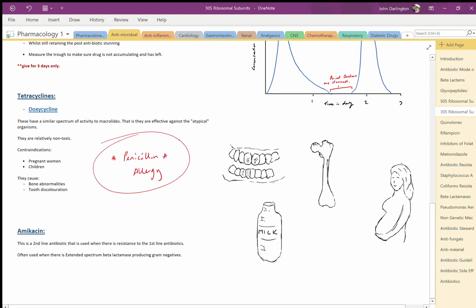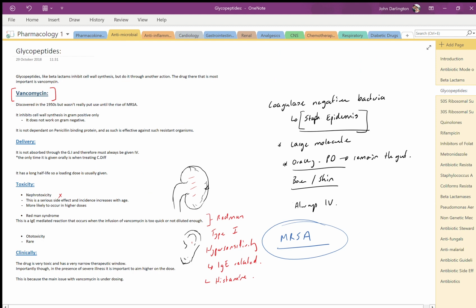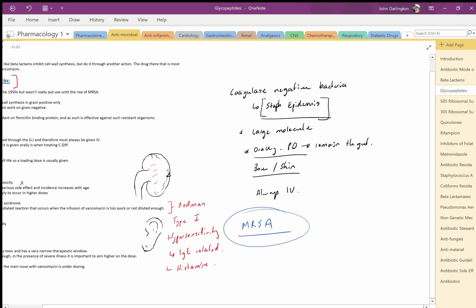Now, I just want to very quickly mention this because I forgot to mention it. Going back to the vancomycin, which is a glycopeptide, I mentioned that it's predominantly used for staph epidermidis and for MRSA. It's also used when there's a penicillin allergy. Sorry, that was really important. I should have put that in there.